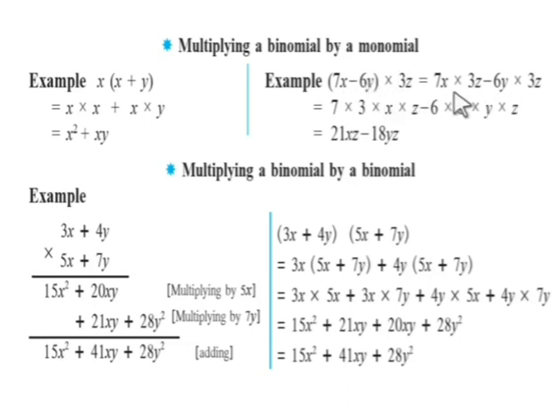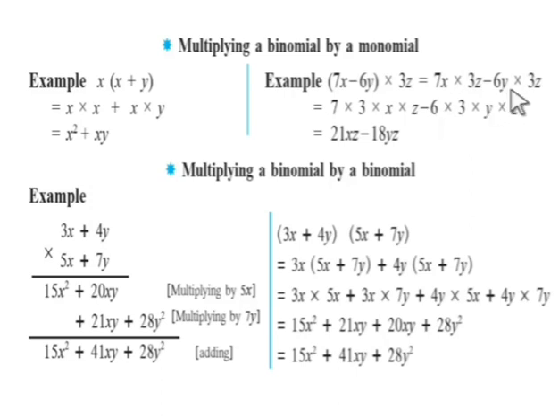Now multiply 7x and 3z. So how will we multiply a monomial with a monomial? Multiply the coefficients first. That is 7 multiplied by 3, then multiplied by x multiplied by z. So here you have written the multiplication of the first term of the binomial with the monomial. Then we will put the same sign, that is minus.